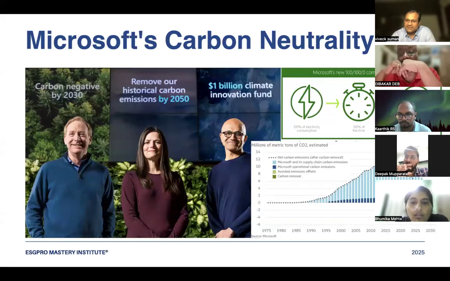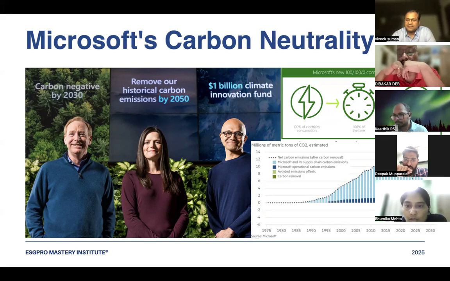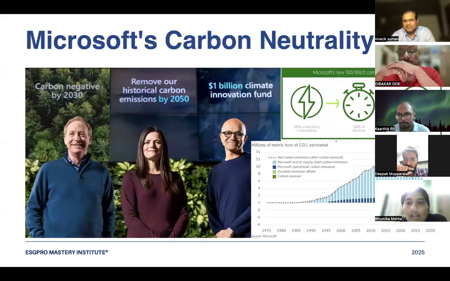So firstly, I will try to understand the graph. Microsoft started emitting carbon emissions approximately around 1919, where they were not aware of the carbon emissions from the supply chain and operations from 1995. Slowly, around 2012 or 13, they were reducing the carbon, avoiding the emission offsets, and by 2030, they target to achieve net zero.